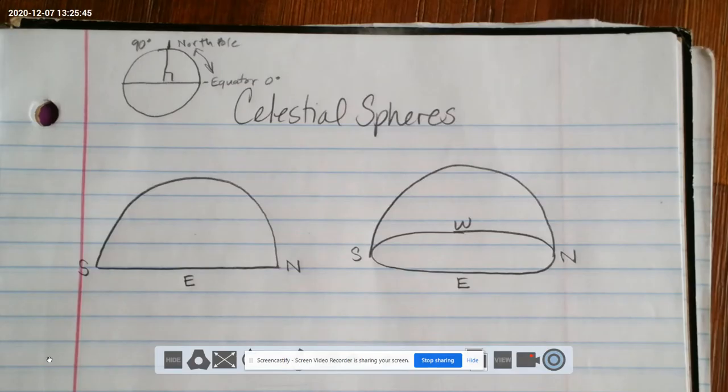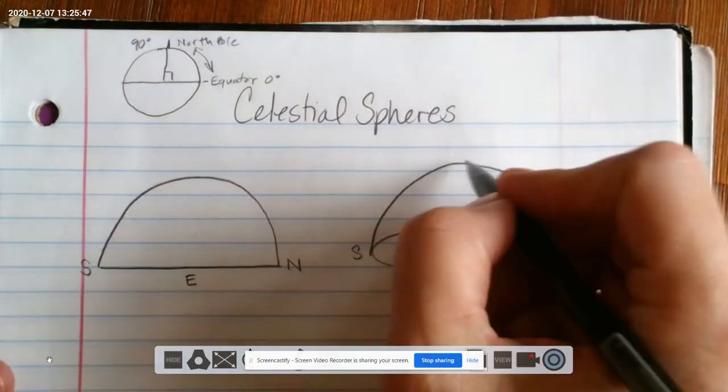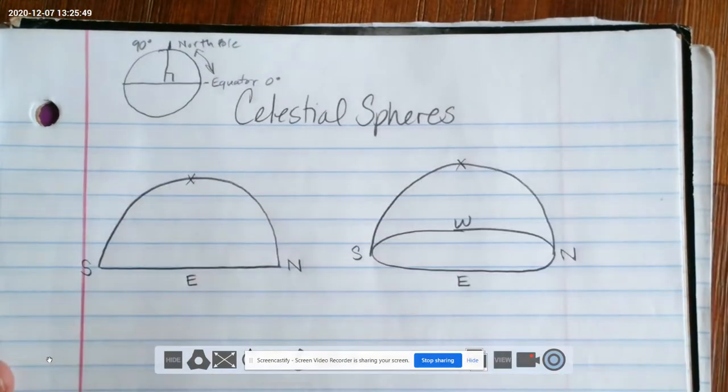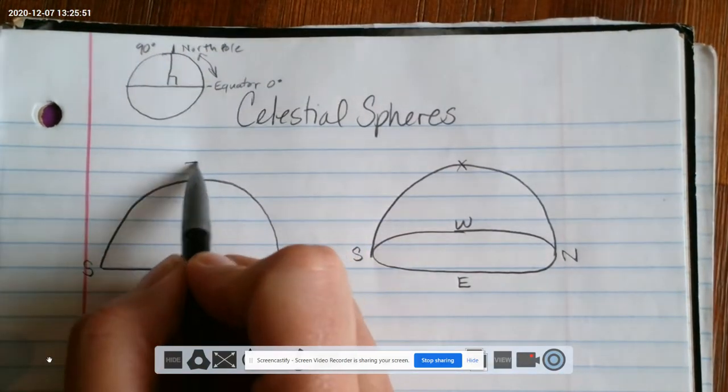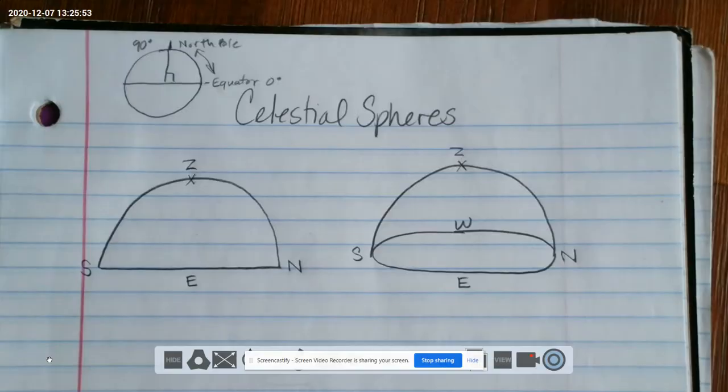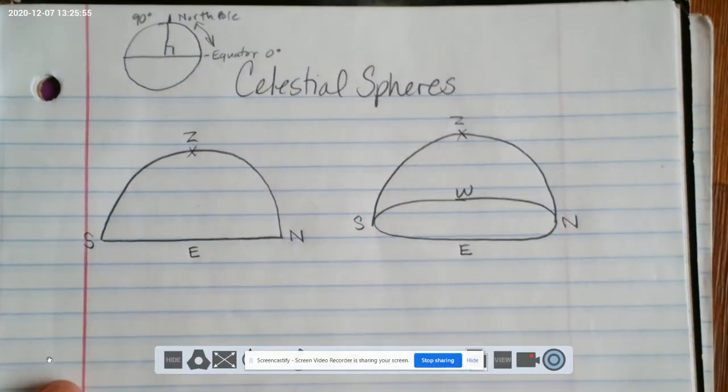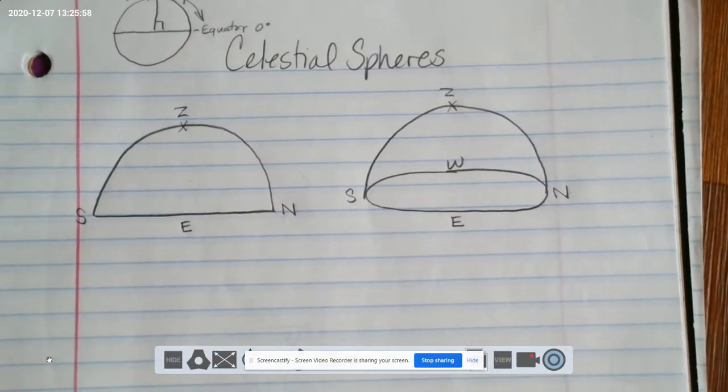The first thing on the vocab list was the zenith. That is the point that is 90 degrees above the observer's head. That's going to be marked with a Z. The second point on the vocabulary was the North Celestial Pole. Remember, the North Celestial Pole is the point where the North Pole would point.